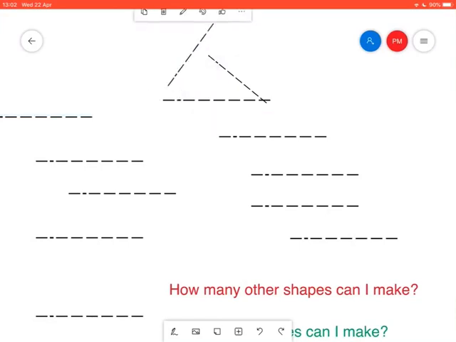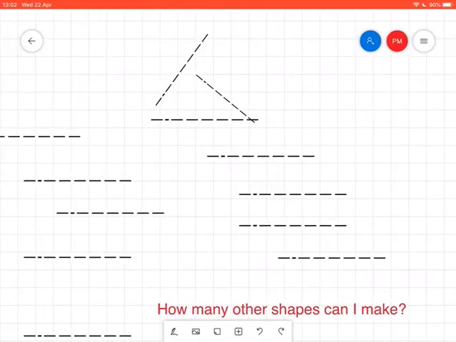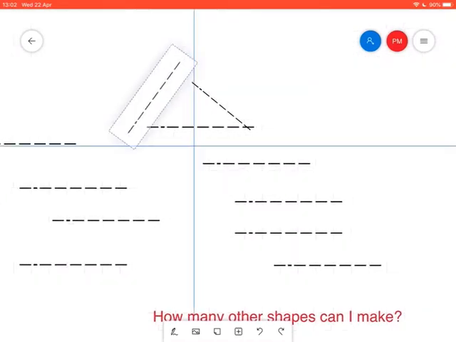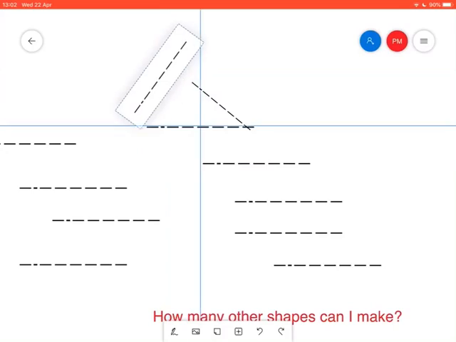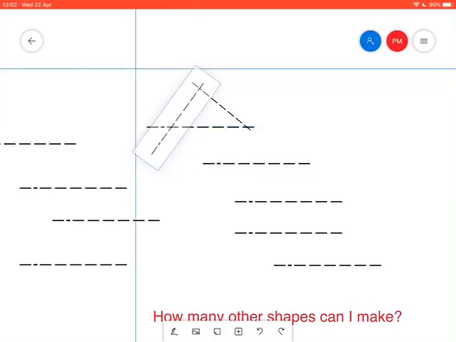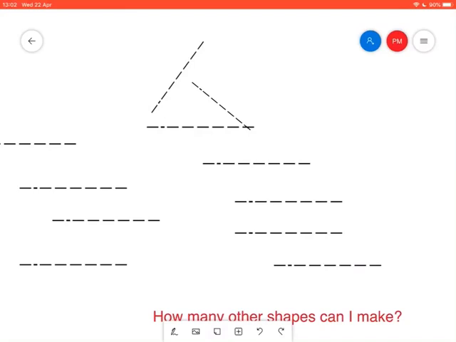Okay, if it would sit where I want it to, which is never the case with technology. It is fantastic when it works, but for some reason this line will not sit where I am planning for it to sit, but you understand that that makes one triangle.